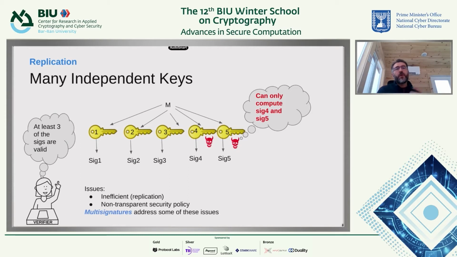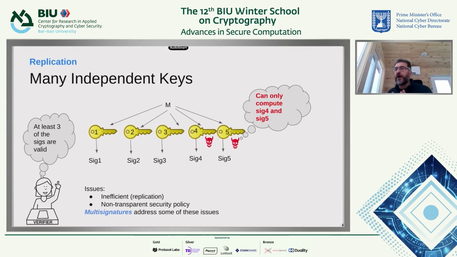What we really want is a system where when the message and the signature come out of the server, the verifier shouldn't know what's going on behind the curtain. It should look exactly like a single regular signature. Multi-signatures, which are related to this concept, address some of these issues.